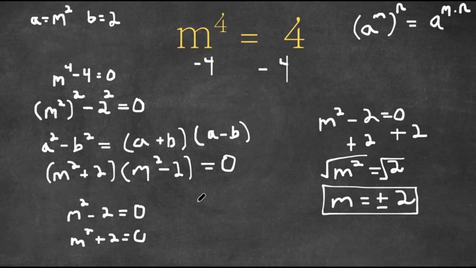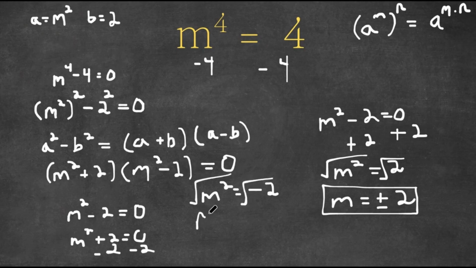Now let's go ahead and do m squared plus 2. So if I subtract 2 on both sides, I get m squared equals negative 2. Now if I take the square root on both sides, I get m is equal to the square root of negative 2.